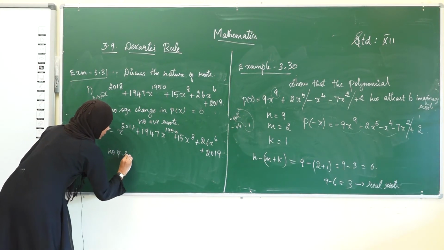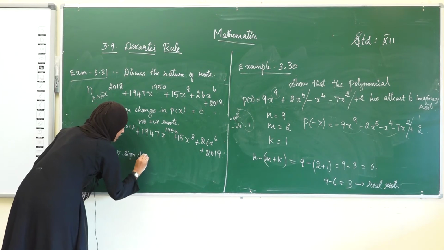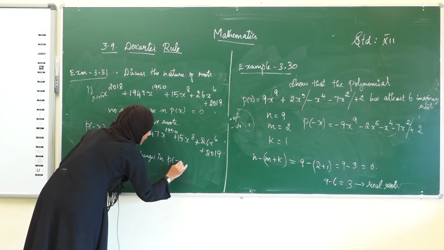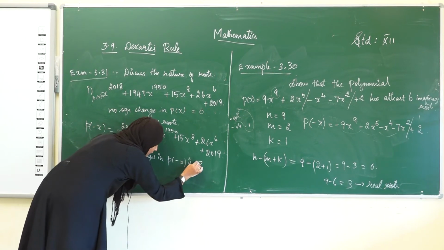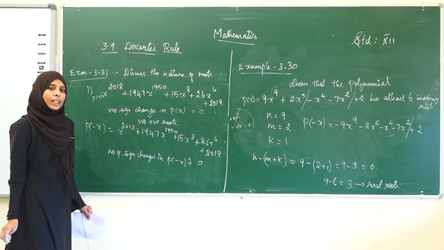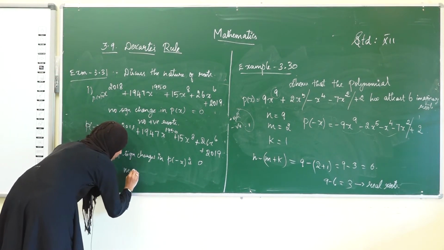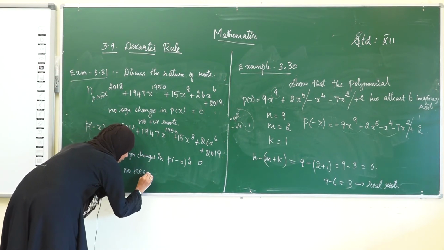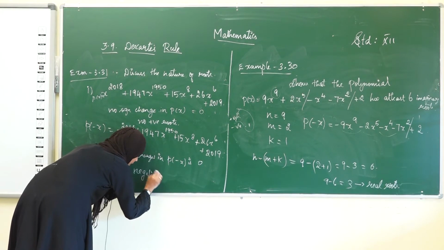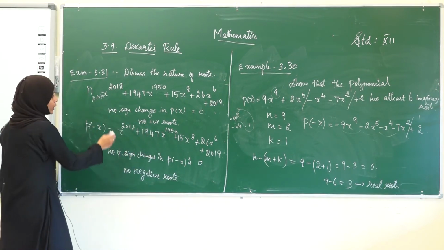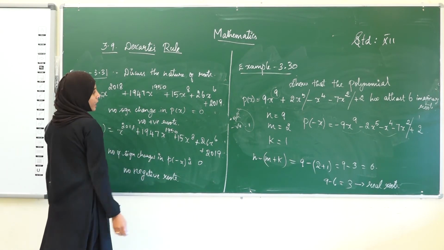Number of sign changes in p(-x) is also 0. Therefore, the number of negative roots should not exceed 0. There are no negative roots.